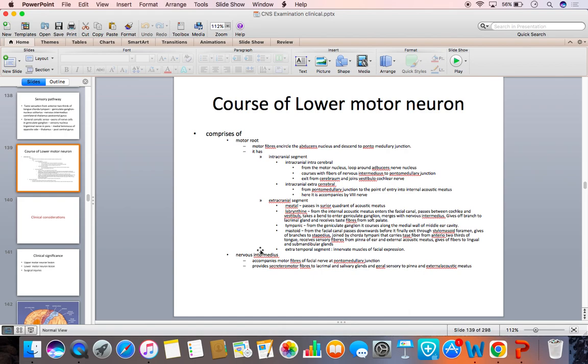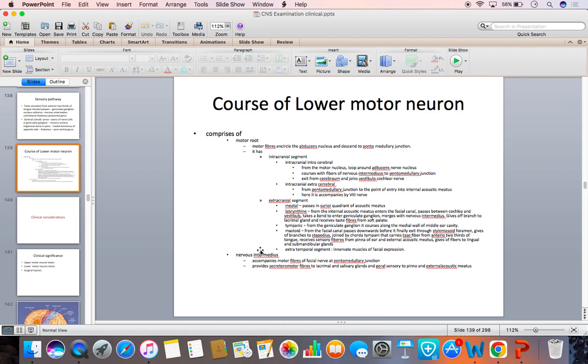So please understand this part of the facial nerve now. The meatal segment passes from the internal acoustic meatus into the canal. From that point, it is the labyrinthine segment until it reaches the geniculate ganglion. From there it starts its tympanic segment, which runs in the facial canal.